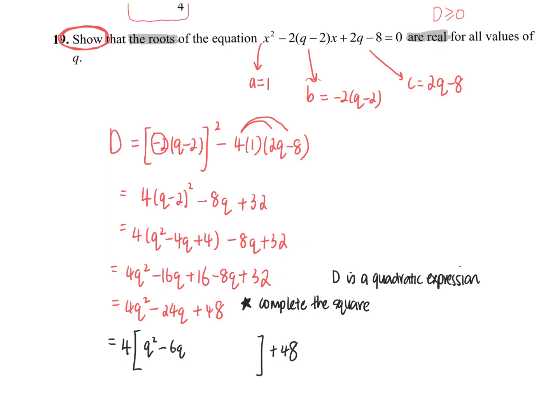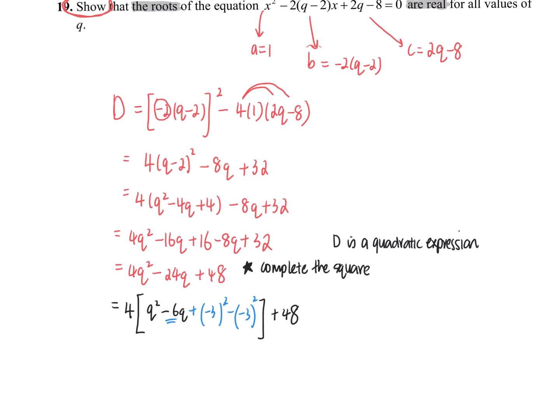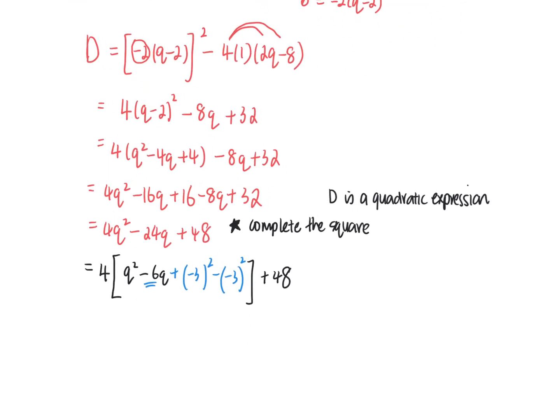Okay, and then I add in my zero pair. So remember, zero pair, you always add in, then you subtract, and it's always half of this number. So it's negative 3. So this first 3, you always combine it into 1. So it's just q minus 3 squared.